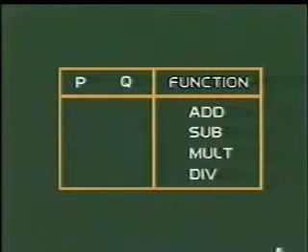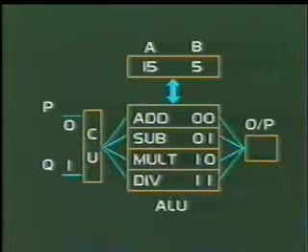Let us say if the combination is 0, 0, that is PQ is 0, 0, ALU adds. If PQ is 0, 1, it subtracts. If PQ is 1, 0, it multiplies. And if PQ is 1, 1, it divides. These 0, 0, 0, 1, 1, 0, 1, 1 are known as operation codes.